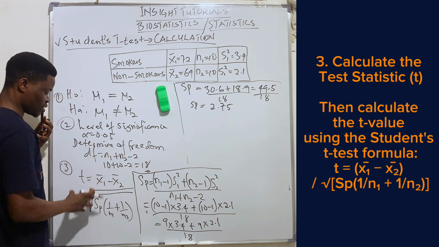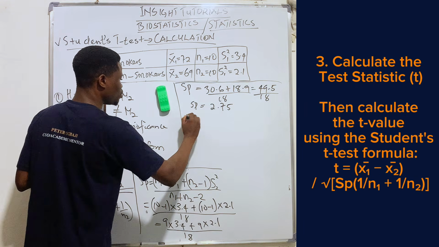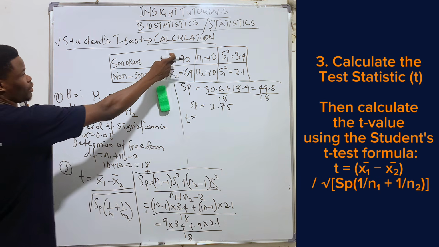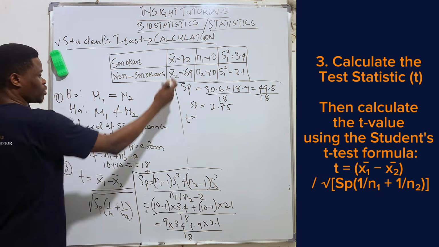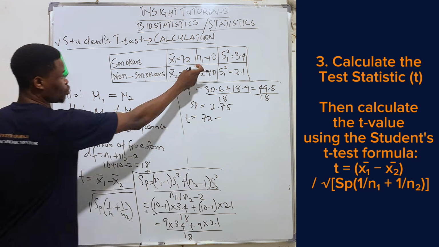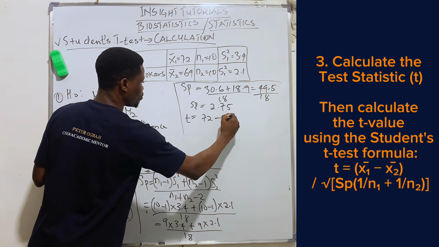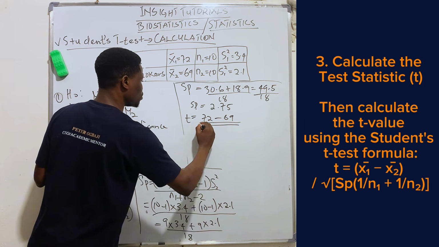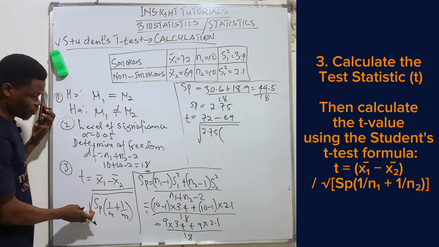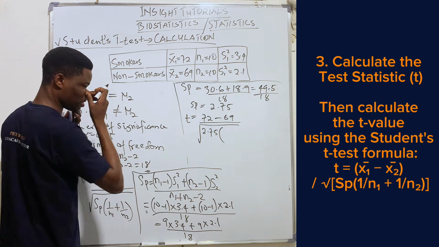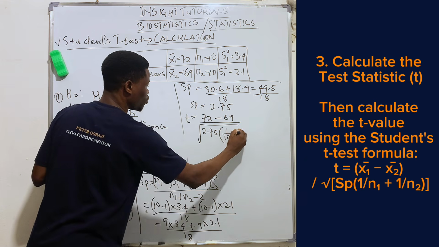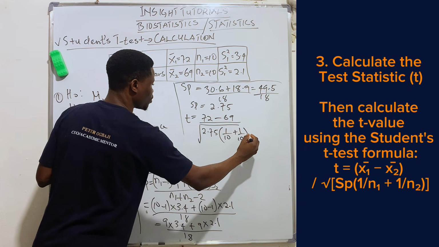Having gotten the pooled variance, we can now substitute into the formula of the t statistic so that we'll get the t value. So t is equal to our x bar 1, which is 72, minus our x bar 2, which is 69, all over the square root of our pooled variance, which is 2.75, times 1 over the sample size of the first, n1, plus 1 over the sample size of the second.